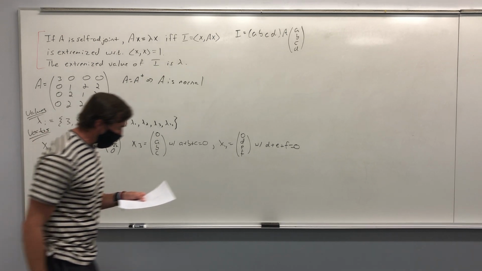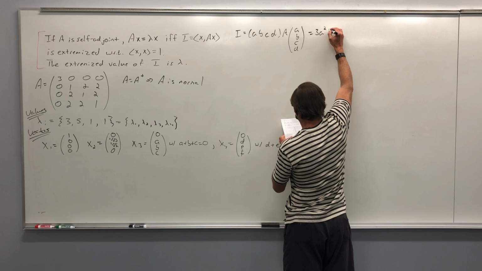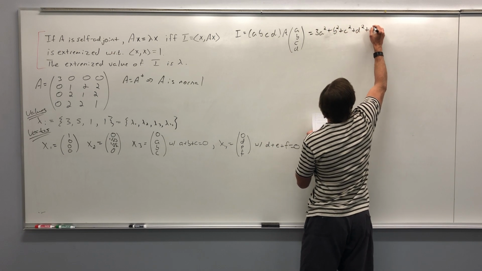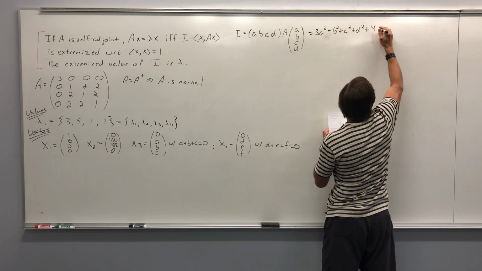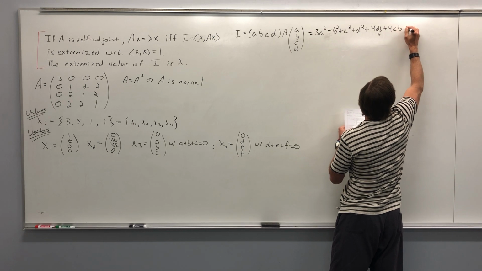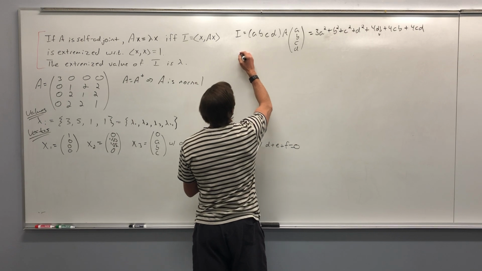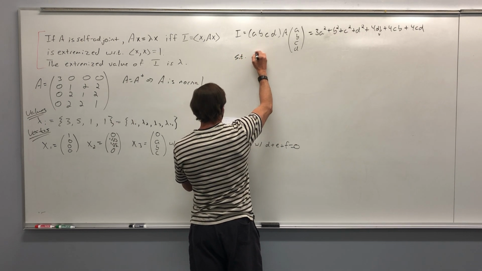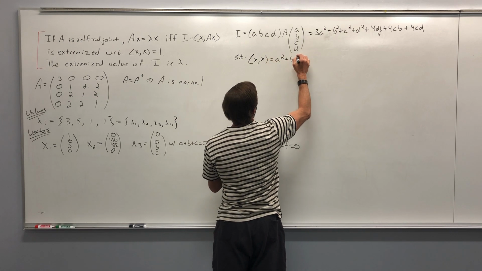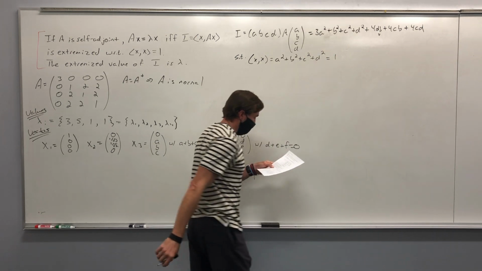So this is this object I, and if we bang it out, it's going to give us this, subject to the constraint that a squared plus b squared plus c squared plus d squared equals 1.